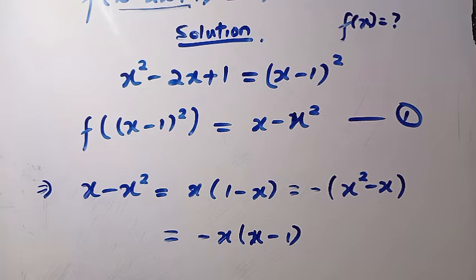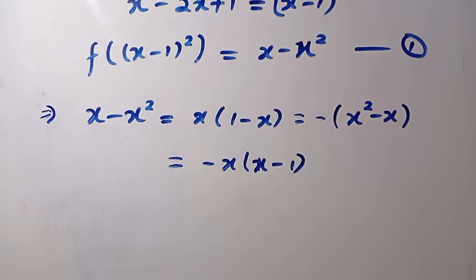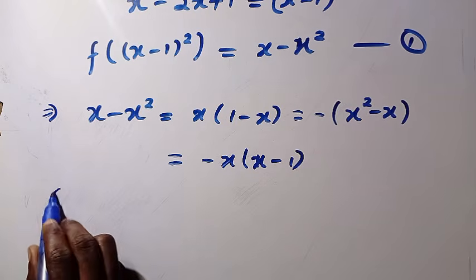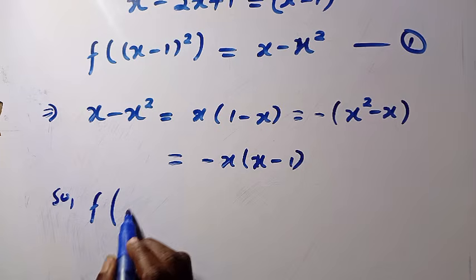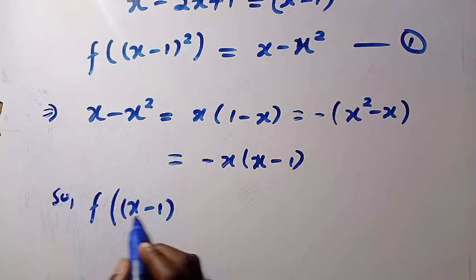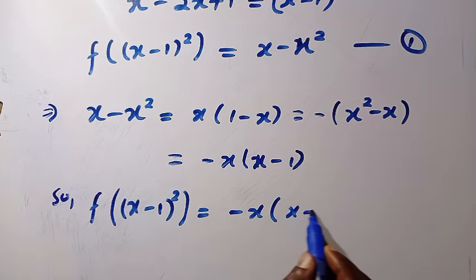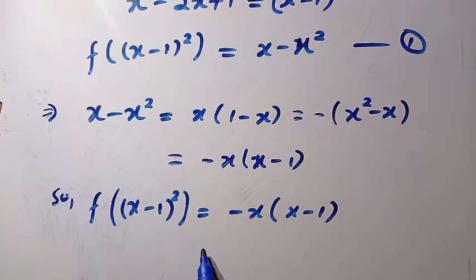Any of this is still the same. And after getting this, if I take it back into the function, we then have f of (x minus 1) squared equals minus x into bracket of x minus 1. So let's use this one.